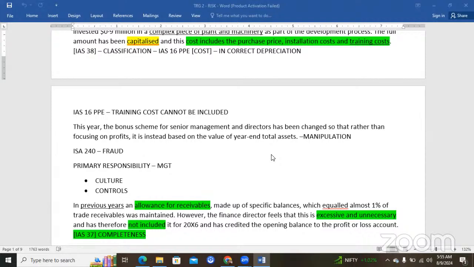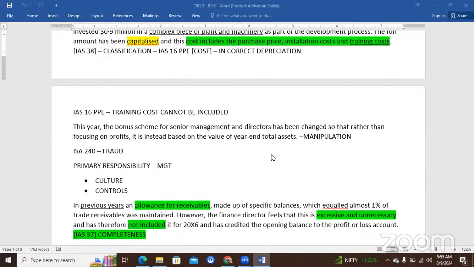Fraud can be defined in two ways as per ISA 240: manipulation of financial statements and misappropriation of assets. So if they change the bonus computation based on total assets, it will lead to manipulation of financial statements. That is a part of fraud.